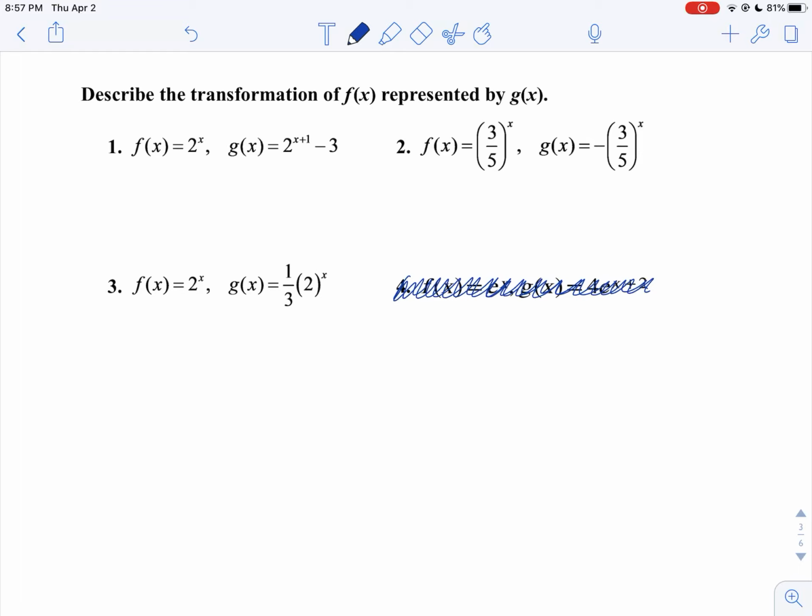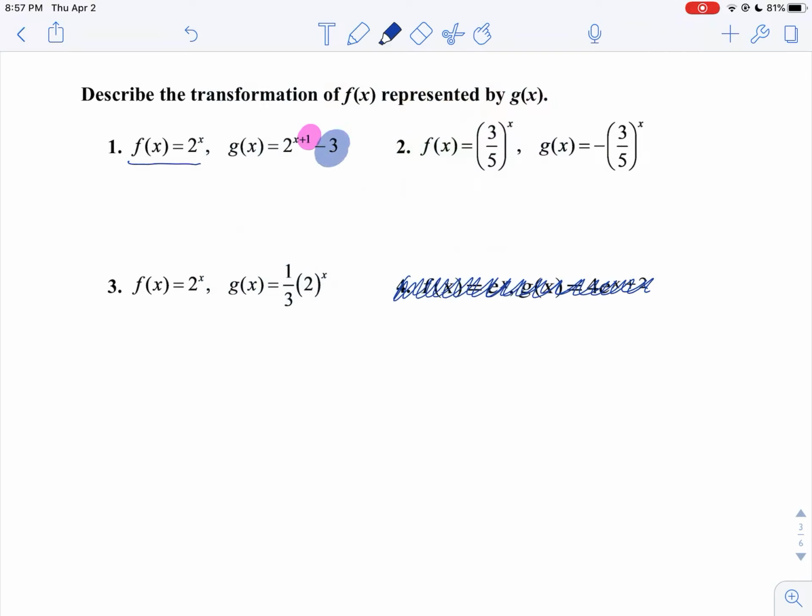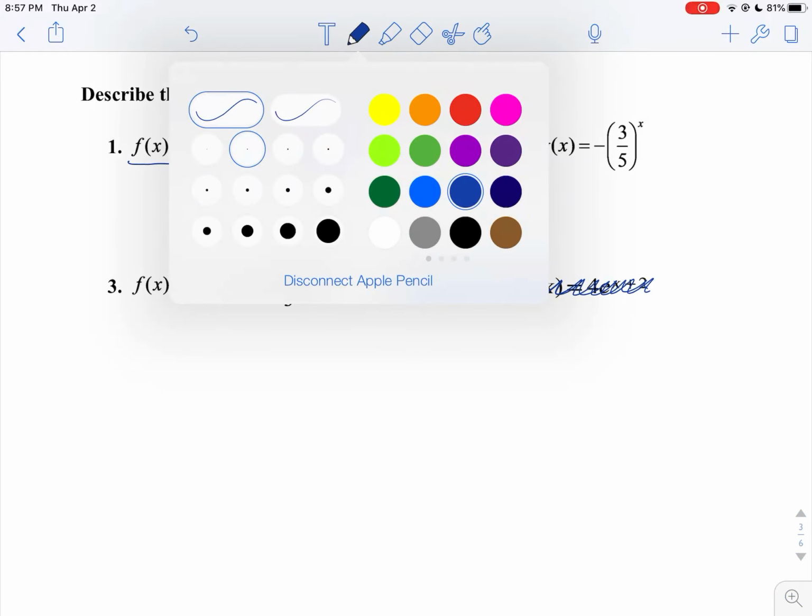Let's describe the transformations that are represented when we've got f of x, our basic parent function, f of x equals 2 to the x power. And then g of x, we add in that plus 1 and that minus 3. Let's see if we can figure out what those do to the graph.